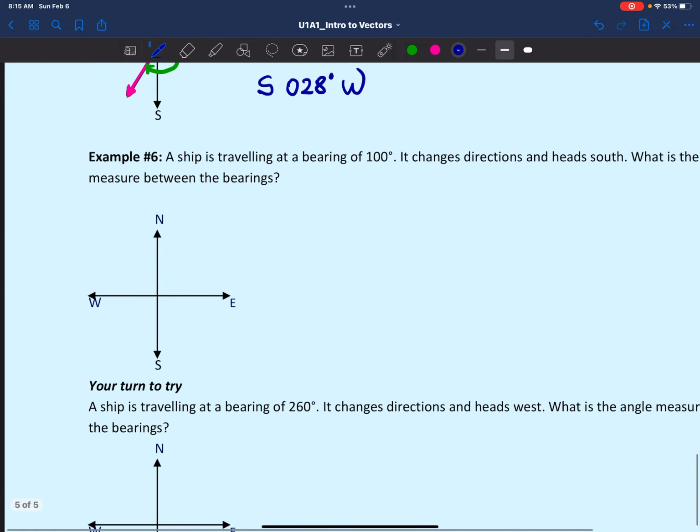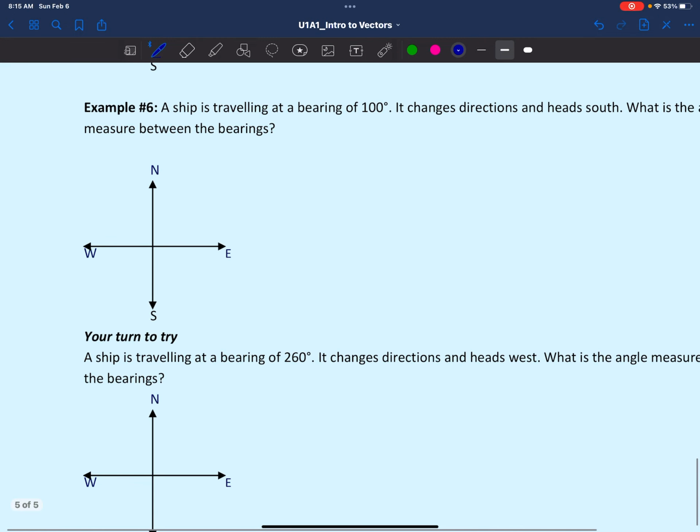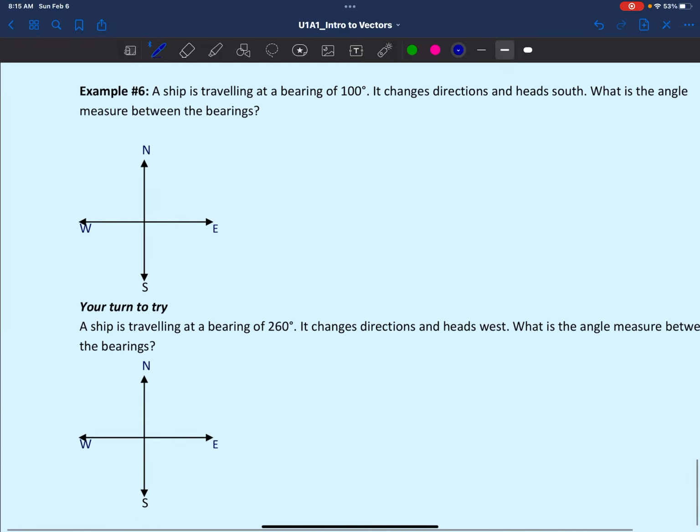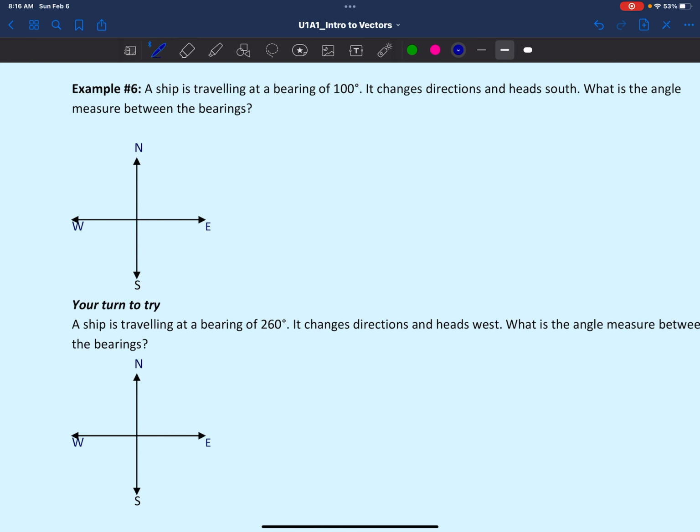Now, very often the motions or displacement described in the problems we are about to solve will ask us to identify the angles between bearings. So how do we do that? Suppose that the ship is traveling at a bearing of 100 degrees.